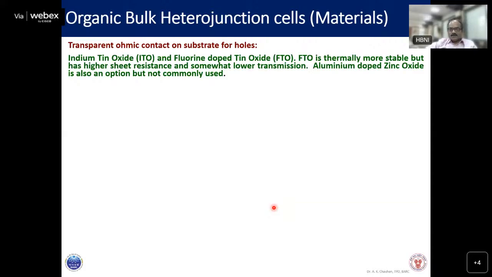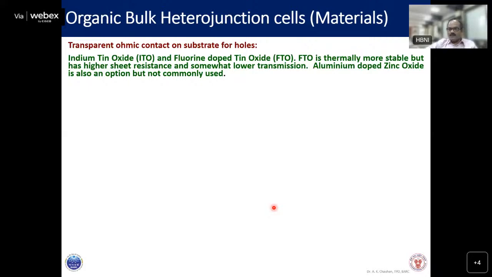Now let us learn a little bit about the materials. Number one, the transparent ohmic contact on the substrate for holes. What are these materials? These are usually ITO and FTO.